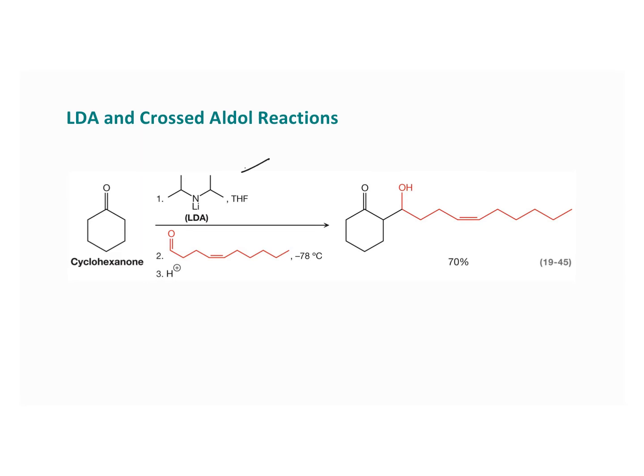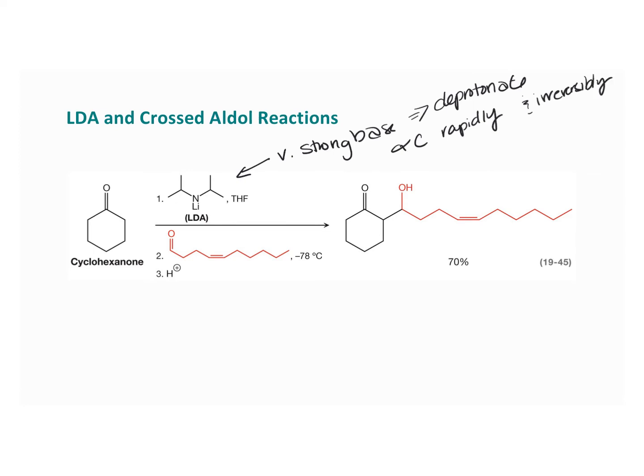Now, this guy here is a very strong base, and so because of this, it's going to deprotonate that alpha carbon really rapidly, right? And irreversibly. And also quantitatively, it means it does it very well.